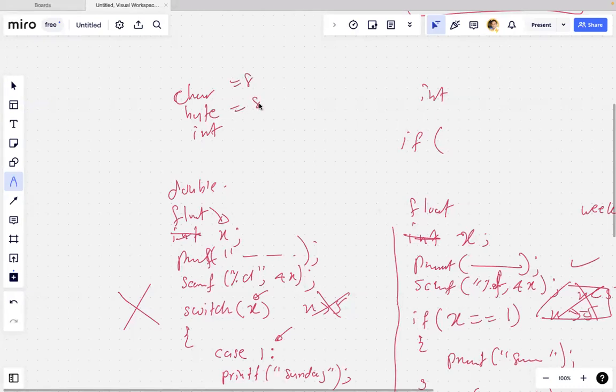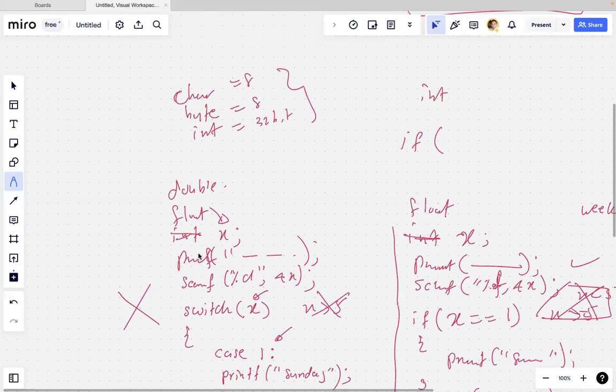Byte also, I think 8-bit. Integer 32-bit. However, they store whole numbers, not floating point values, decimal places. Therefore, these kinds of data types are allowed in the switch case statement.